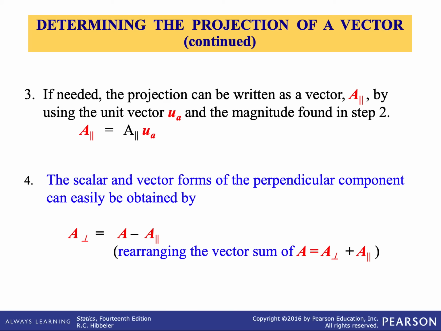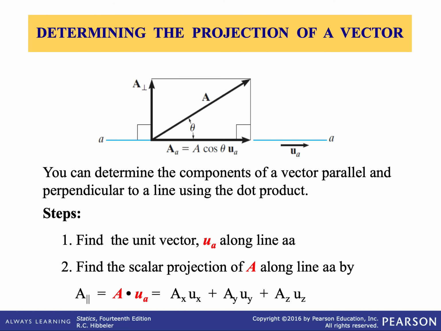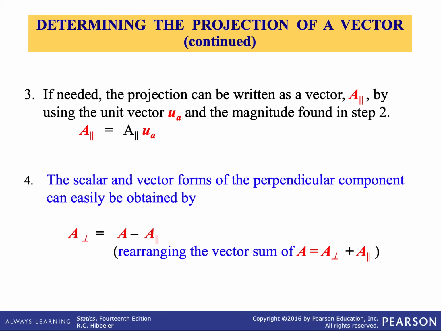Now we can say that we were able to project A into two components, a parallel one to the line AA and a perpendicular one to the line AA. And this is where we use the dot product. Those are the usages of the dot product. We learned how to find the angle between two vectors, and we learned how to do projections. The projections have multiple steps, and you need to do them in sequence.